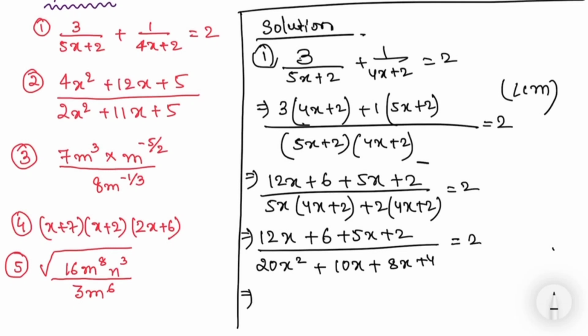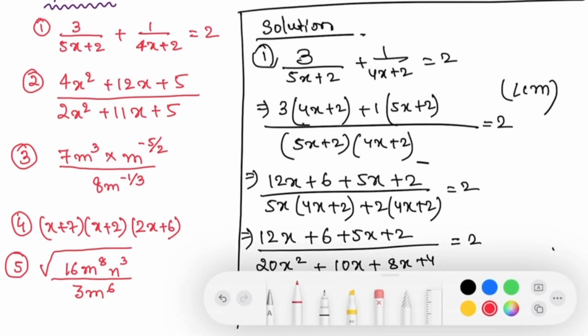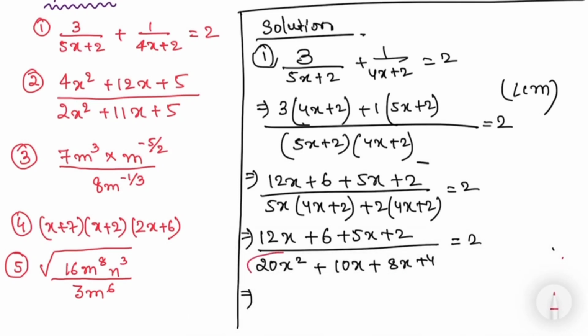Now, what we'll do? We will shift this whole 20x square plus 10x plus 8x plus 4 to the other side. Right now it's in division, so it will go to the other side and be in multiplication. Right? So we will do the same.